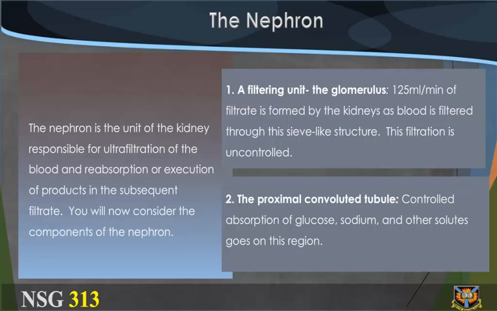A filtering unit, the glomerulus. 125 ml/minute of filtrate is formed by the kidneys as blood is filtered through the sieve-like structure. This filtration is uncontrolled. 2. The proximal convoluted tubule: controlled absorption of glucose, sodium, and other solutes goes on in this region.